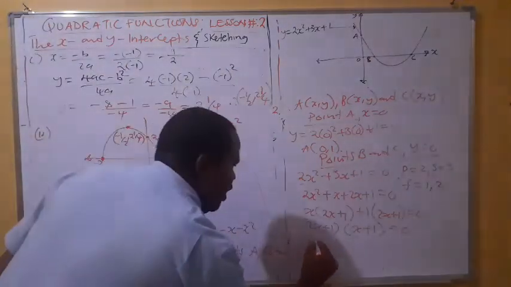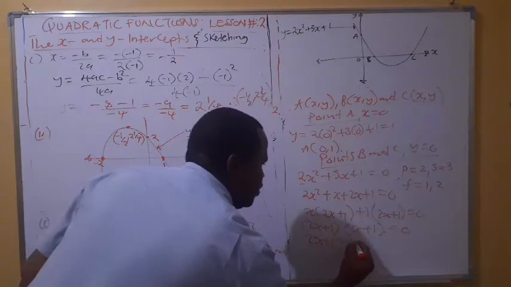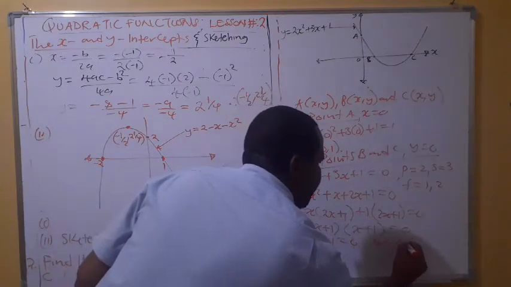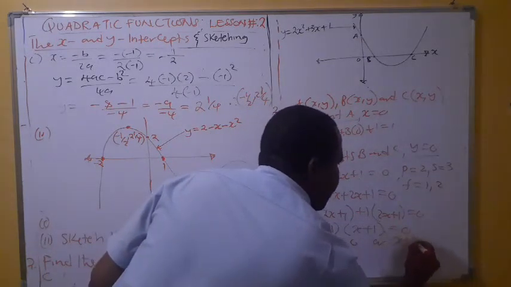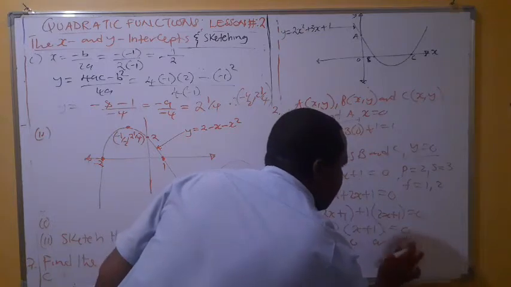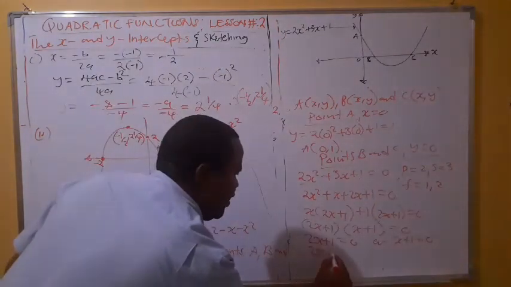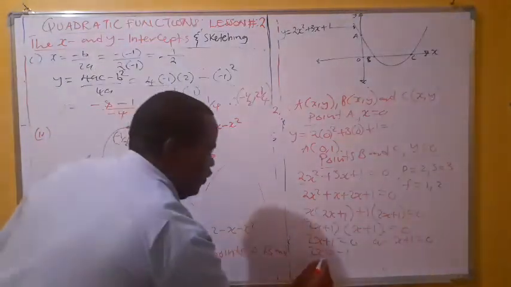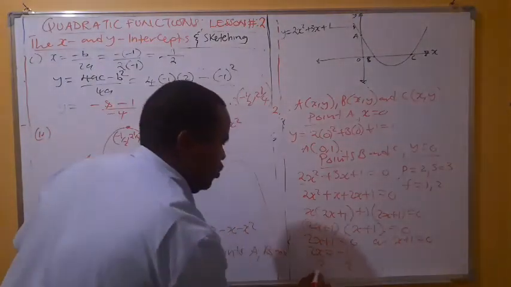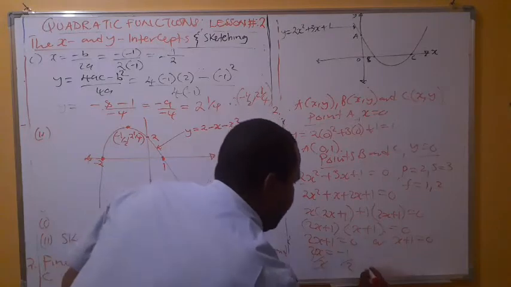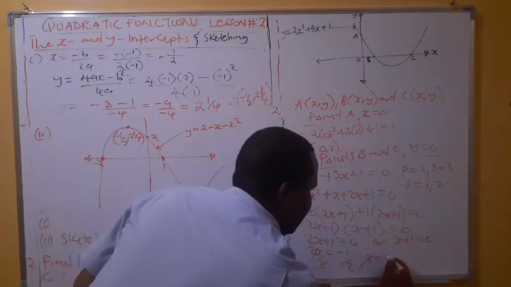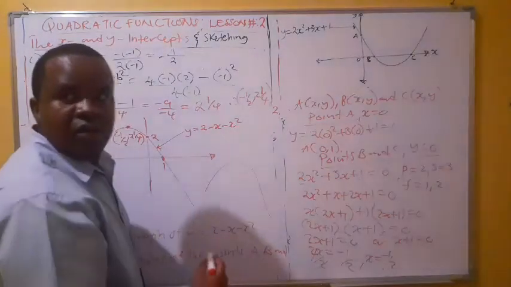So here it will be 2x plus 1 is equal to 0, or x plus 1 is equal to 0. This means that 2x is equal to negative 1, over 2 over 2. So our x here is negative half, the first one.